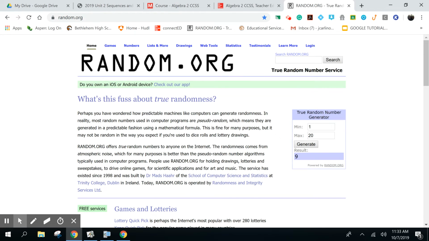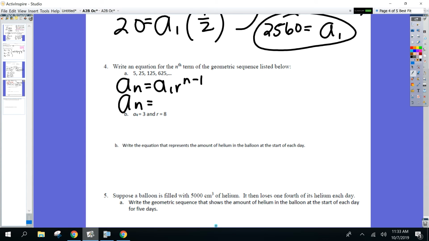Number 9, what's the first term up here? The first term is going to be 5, yep. Times, now that R value you're going to have to find on your own. What am I multiplying each term by? 5.